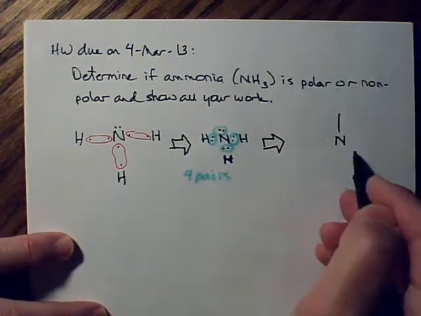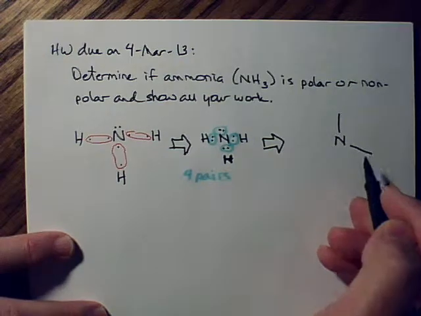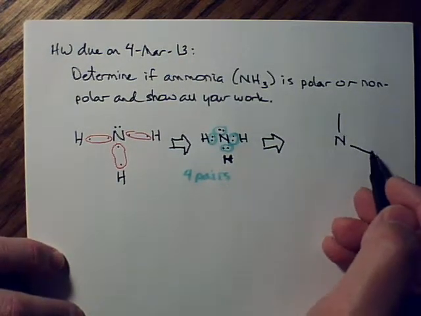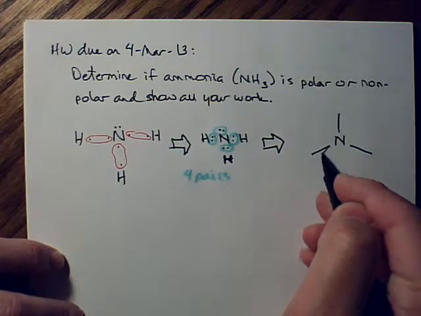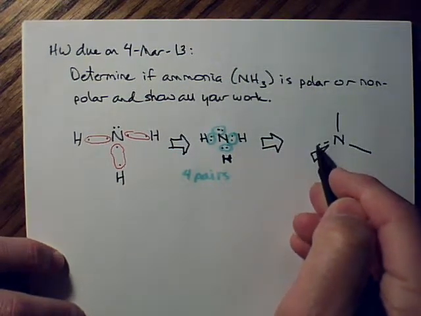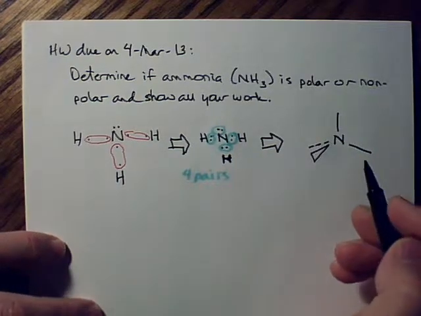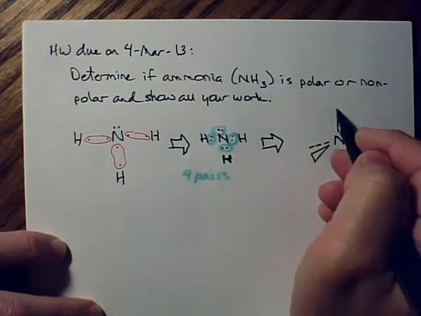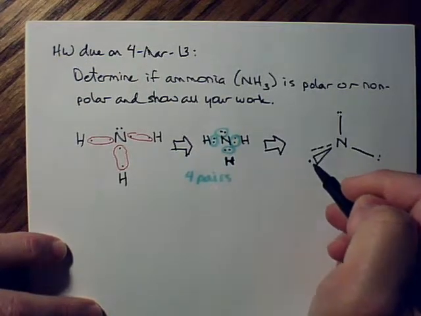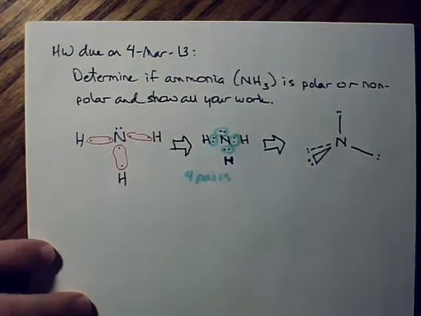A tetrahedral has a leg that goes up, a leg or arm that goes more than 90 degrees but less than 120 out to one side. You've got a leg or arm that comes out toward you, and a leg or arm that swings back behind the paper. So here's those 4 electron sets.